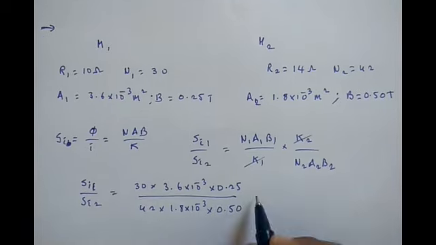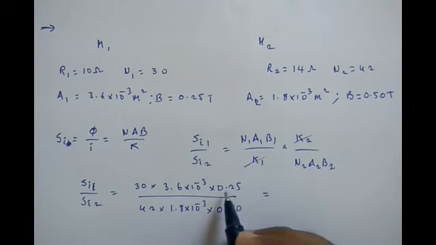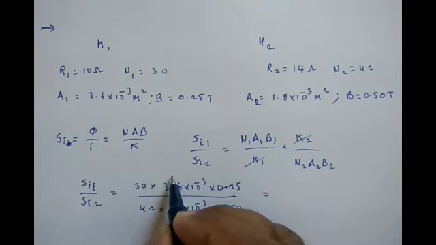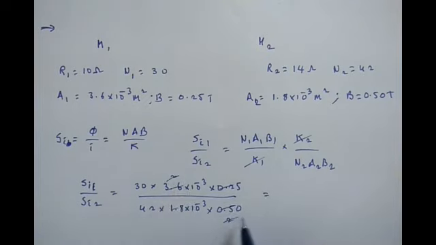Once you substitute this, you can cancel all the things. You cancel this by that, you get 2, and you cancel this and that, you get 2, and that 2 can be cancelled, and 10 power minus 3 can be cancelled, you get 30 by 42. 30 by 42 is 1 by 1.4.